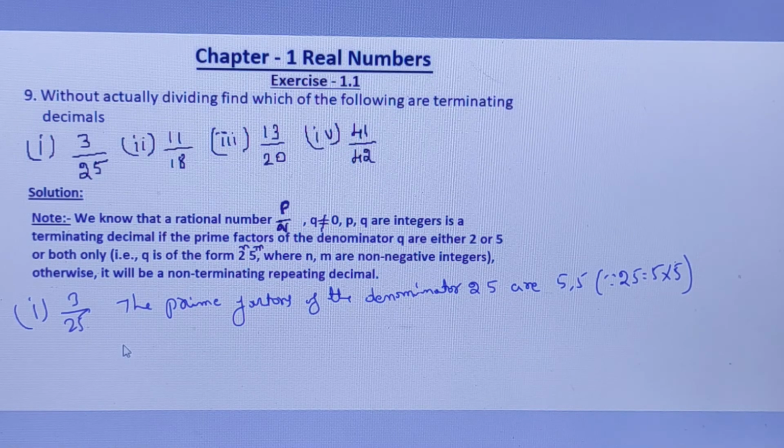So therefore now it is satisfying this condition. The prime factors of the denominator q should be either 2 or 5 or both only. So 5 is the only factor. Therefore 3 by 25 is a terminating decimal.